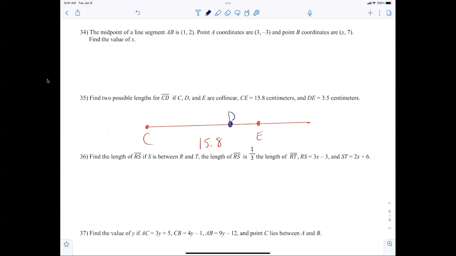At the end, over here somewhere. Could D go on the other side of C? Why not? Because it's shorter. Exactly. It's shorter.